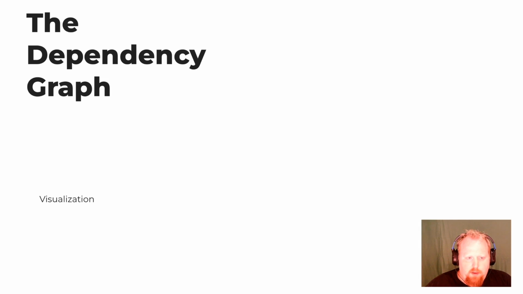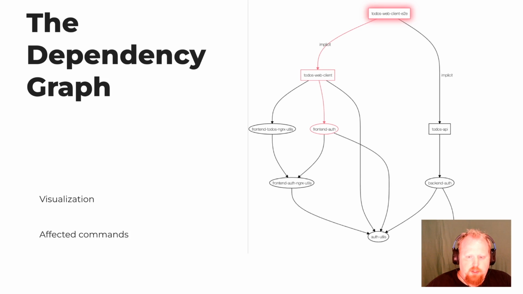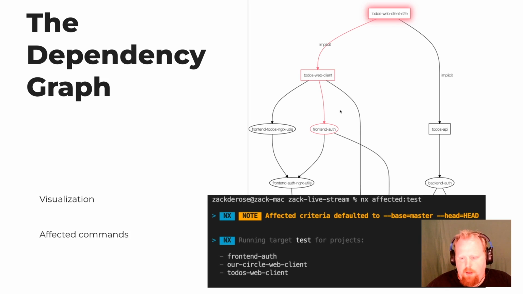But the dependency graph goes beyond just visualization. Using affected, here we're running nx affected:dep-graph, and we can see, based on our Git branch, our current branch, and what we're comparing it to, it defaults to base master and head is HEAD.